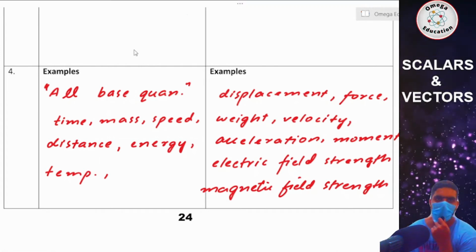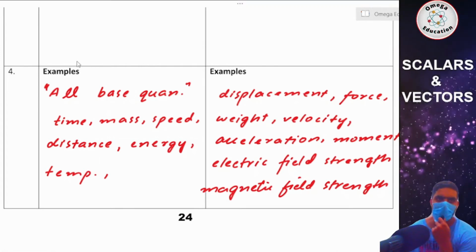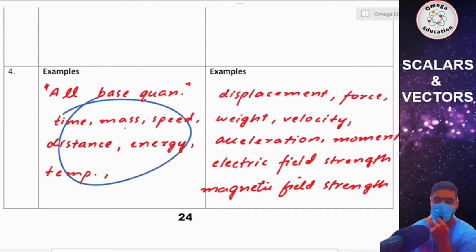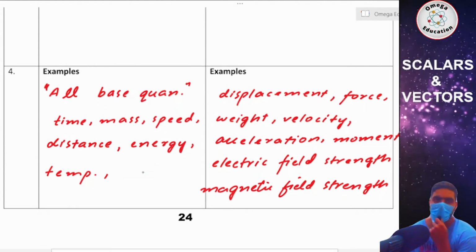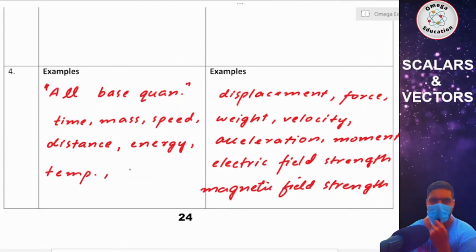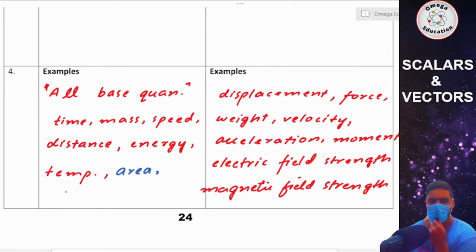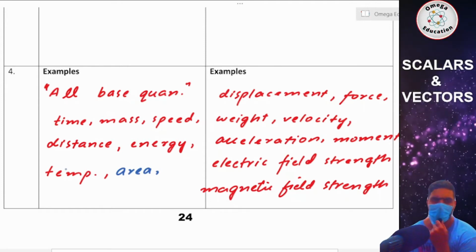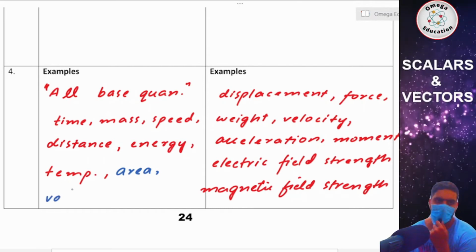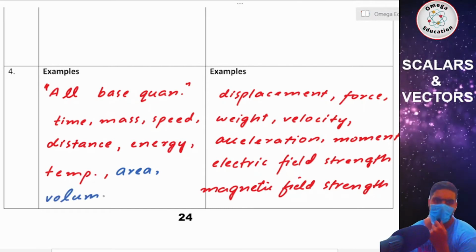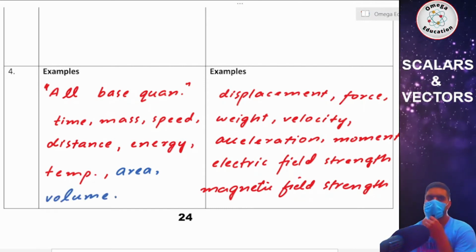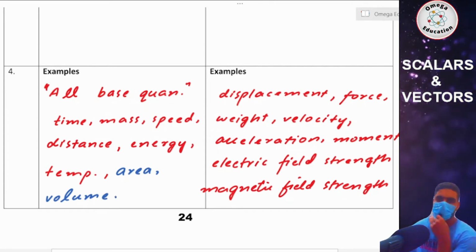So for the scalar quantities, these are the ones that are mentioned explicitly in your syllabus, and apart from that, they also ask us about some other quantities that are scalar, for example area, surface area, cross-sectional area, any kind of area, and volume. These two are also frequently asked, and these are also scalar quantities.